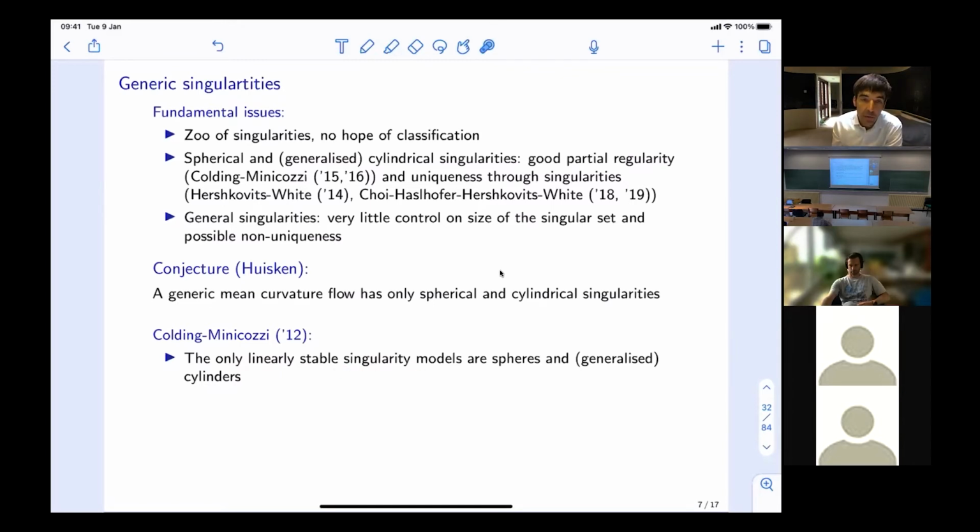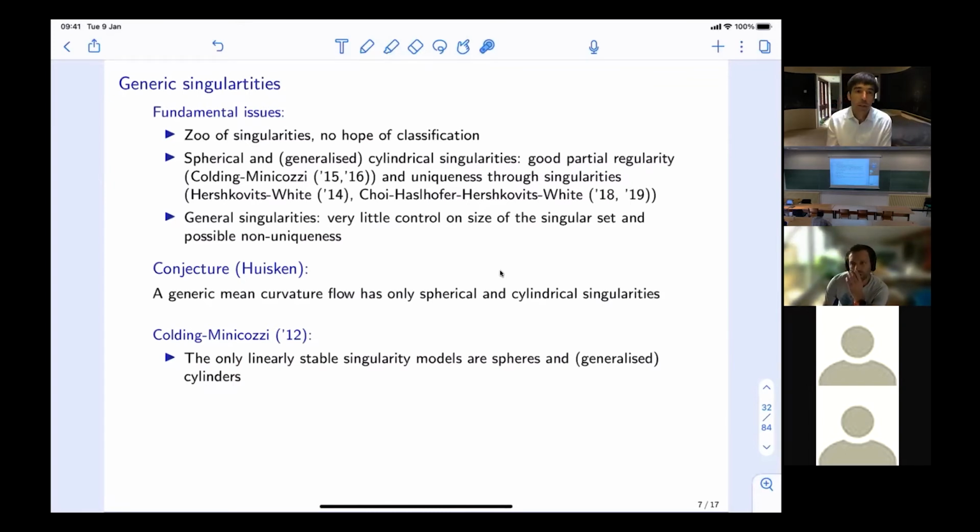On the linearized level, spheres and cylinders should be the only generic ones. So they proved on the linearized level that these are the only generic ones. All the other ones are unstable.